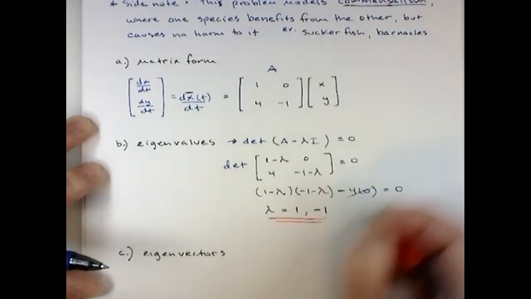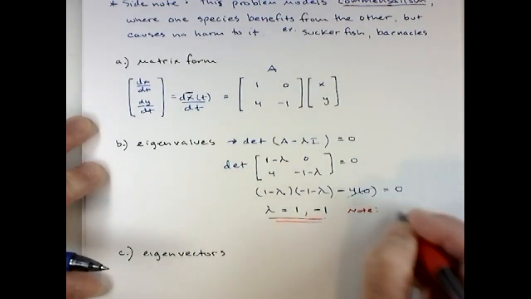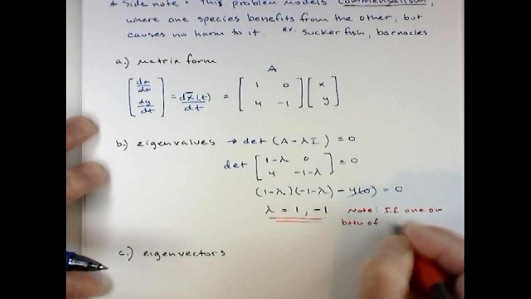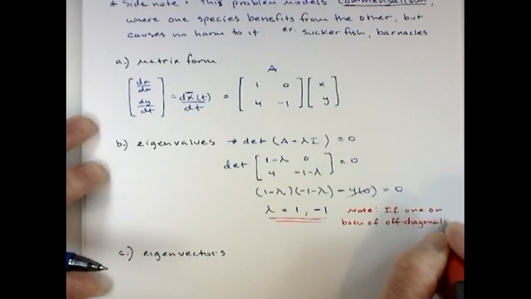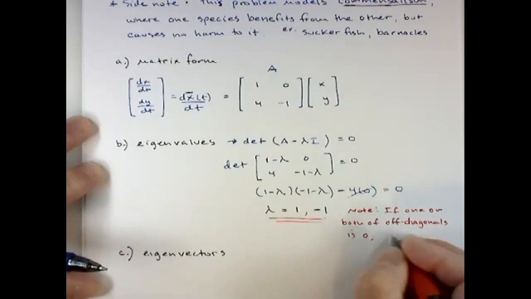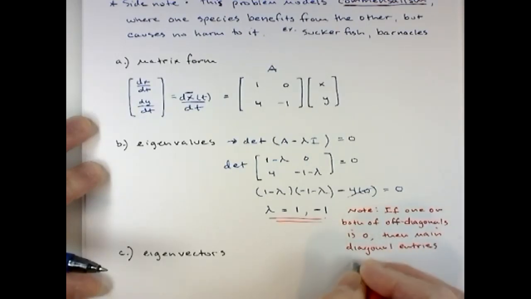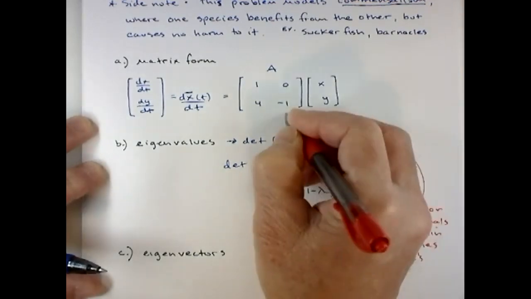Note: if one or both of your off diagonal entries is 0, then the main diagonal entries are your eigenvalues, your lambdas.